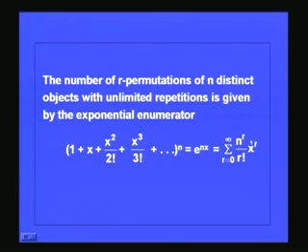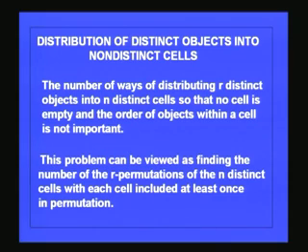So, the same result which we obtained earlier in an ordinary manner, now we are using the exponential enumerator to get the same answer. Now, this idea of exponential enumerator we can use for finding the distribution of distinct objects into non-distinct cells.